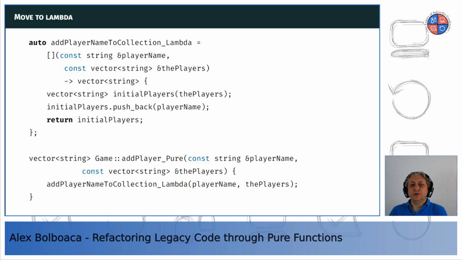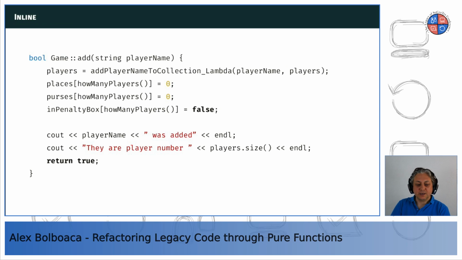By the way, if you know about monads, this is a state monad, but you don't have to know about it. It's just quite easy to do by refactoring little by little. Once again, we inline the call, and we end up with players, set player name to collection lambda, player name players.